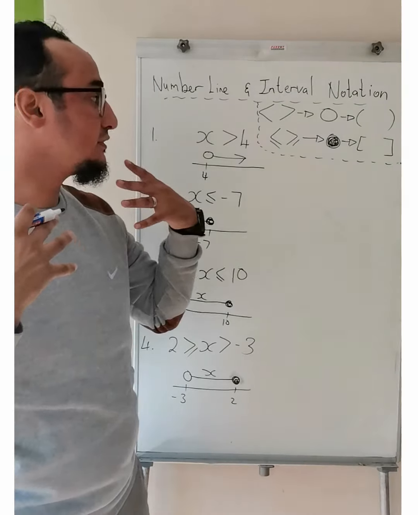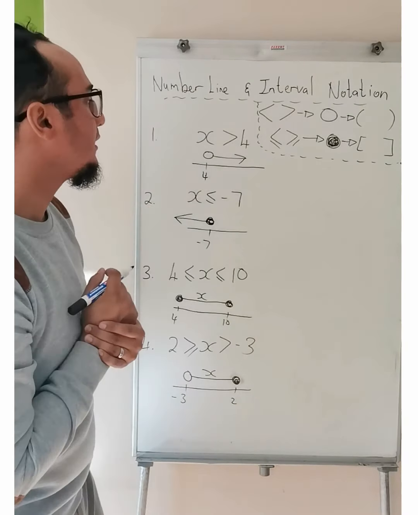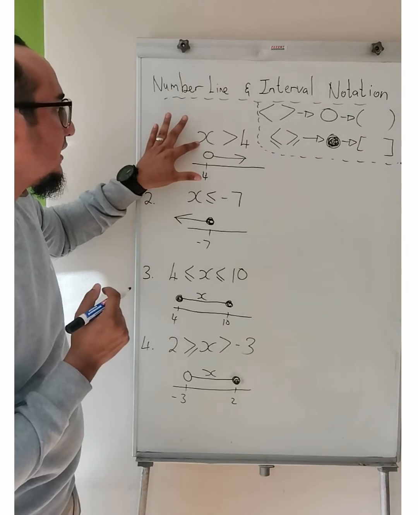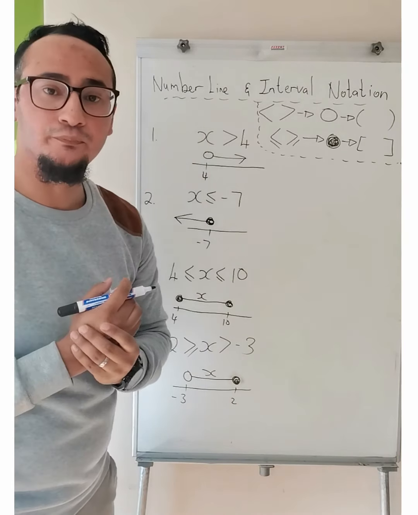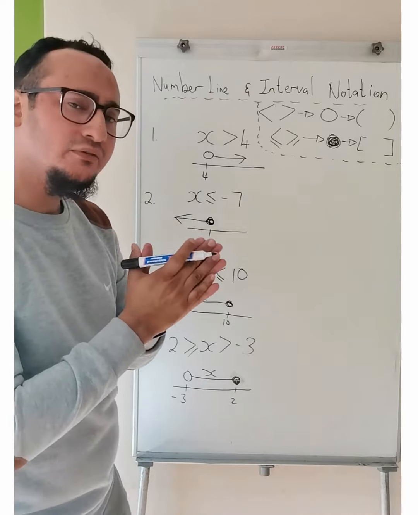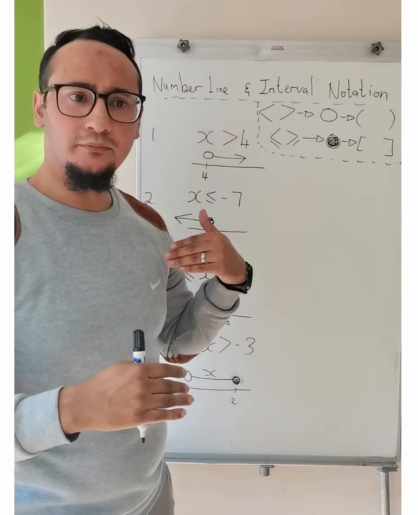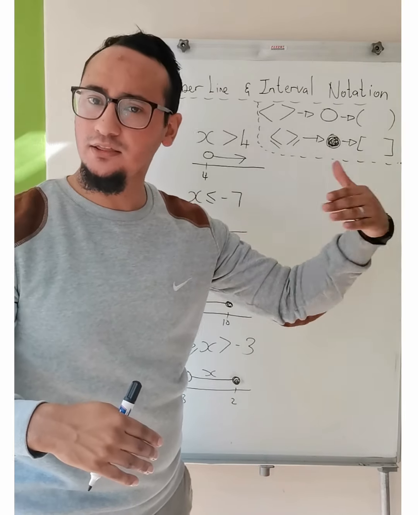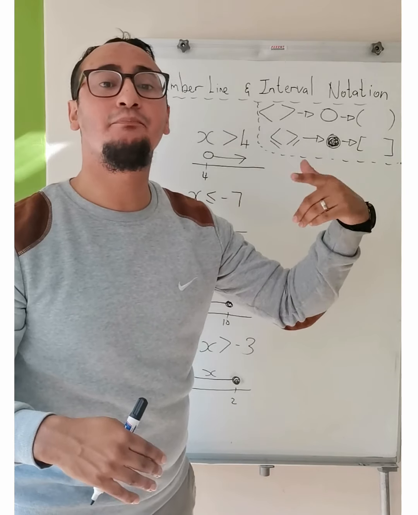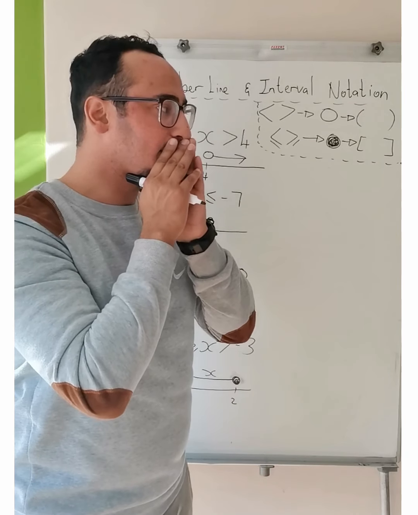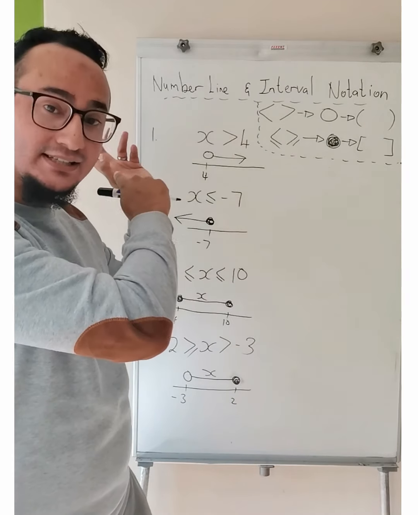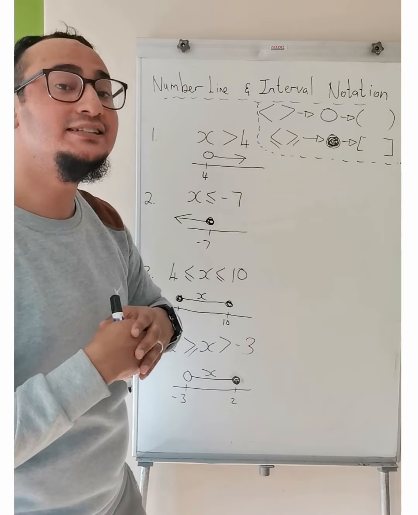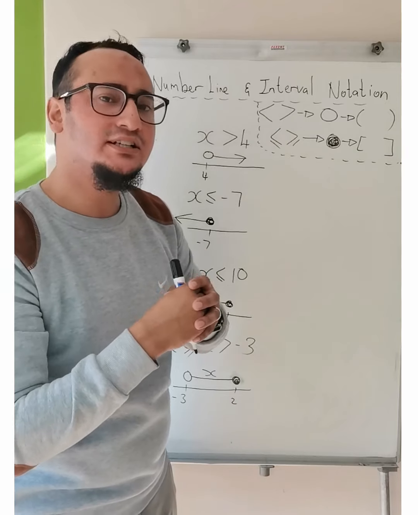So now let's go over to the interval notation. Do you see over here that X is more than 4, meaning that the answer of X can be what? It can be more than 4 and anything more than 4 right up until infinity, but it cannot be 4 or less. So if your answer is more than 4, does it have a restriction?